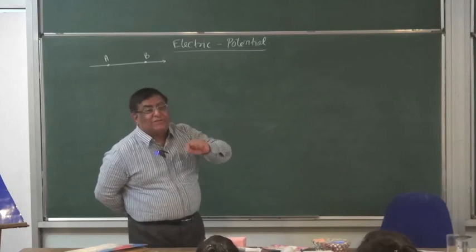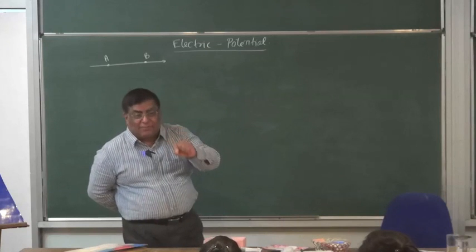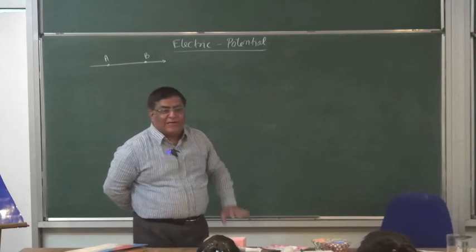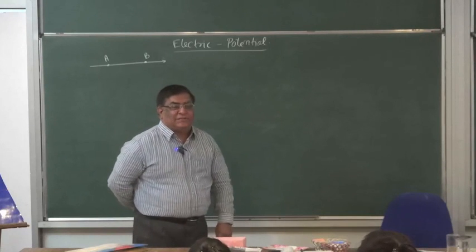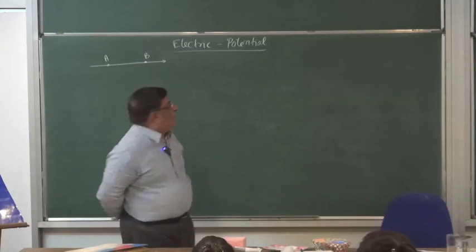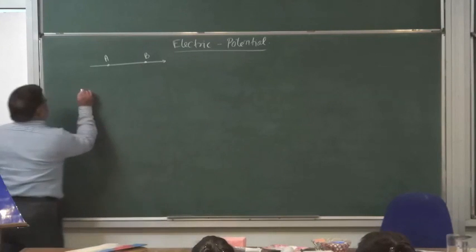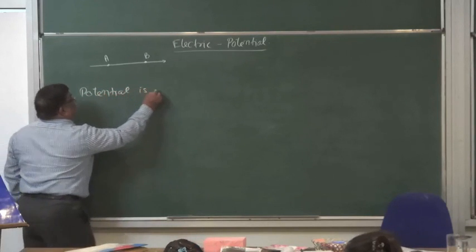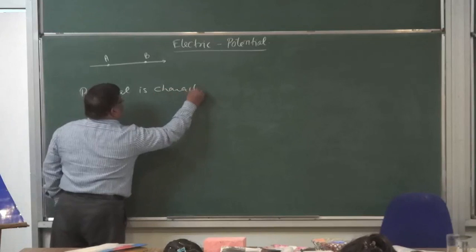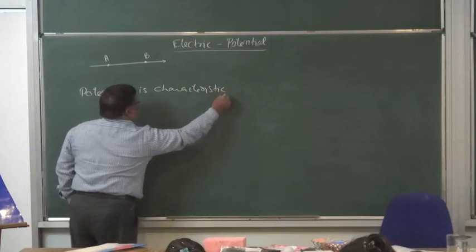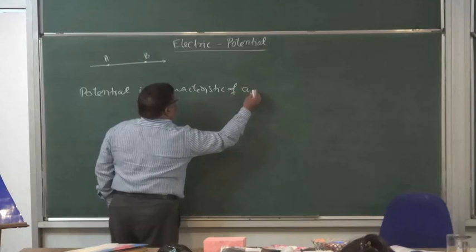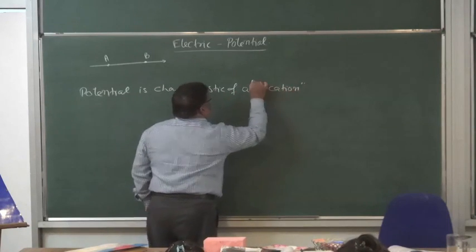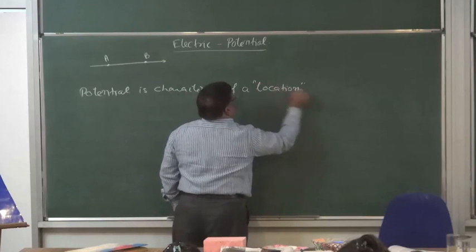And that energy is potential energy, because at that particular point the charge is not moving, it does not have kinetic energy, so all its energy is potential energy. So potential is a characteristic of a location, that is, a point.